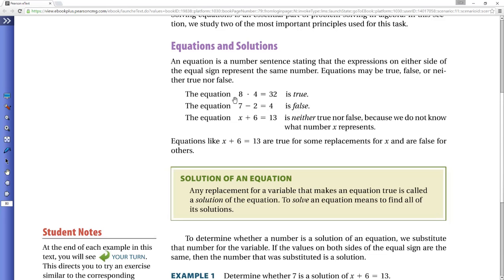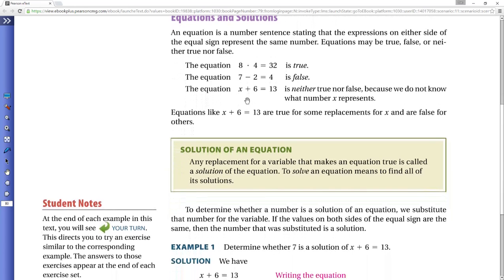Just like this equation here, 8 times 4 equals 32 is true. If that was A times 4 equals 32, we'd say A is equal to 8, so 8 is a solution to this equation because it makes it true. Whereas this equation is false: 7 minus 2 is not equal to 4.